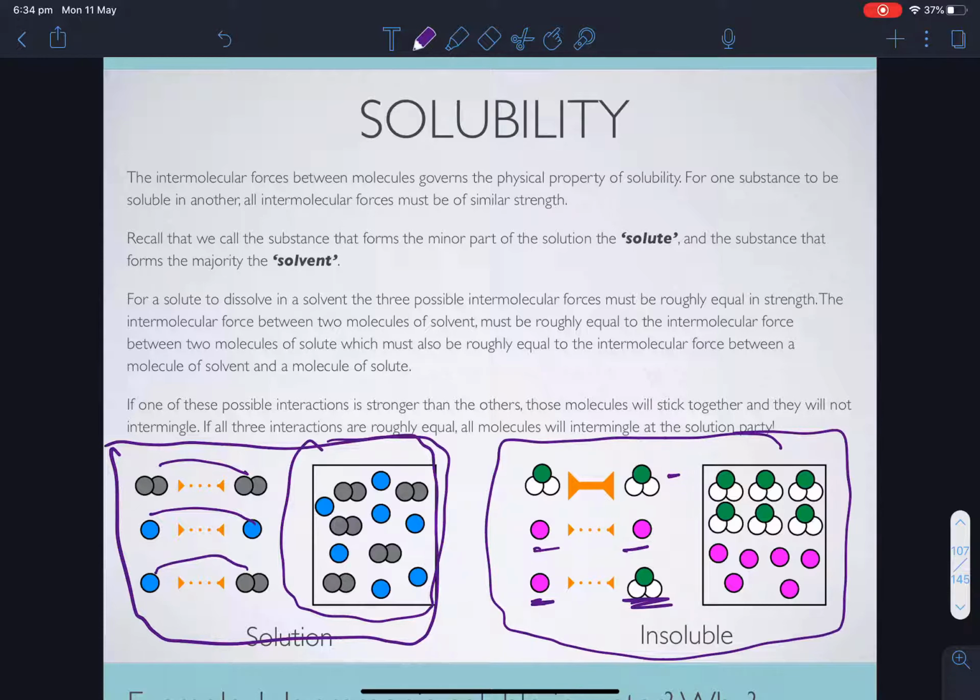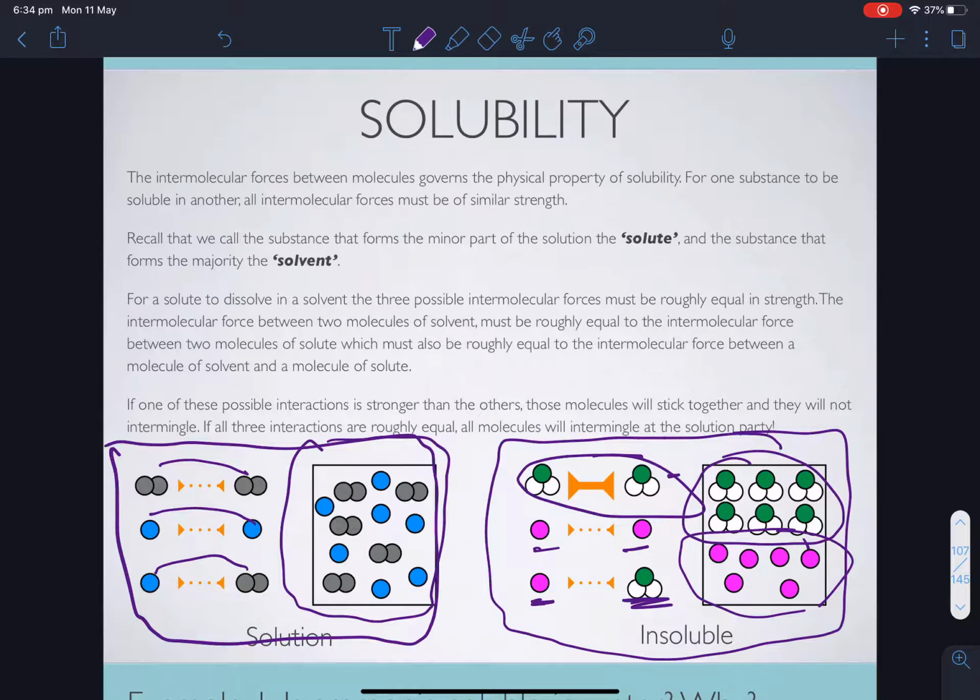So when you put all three together, they don't mix evenly, because these guys just stick together and don't want to mix, and these ones are left out. We do not get a homogeneous mixture because one of these attractions is much stronger than the others.